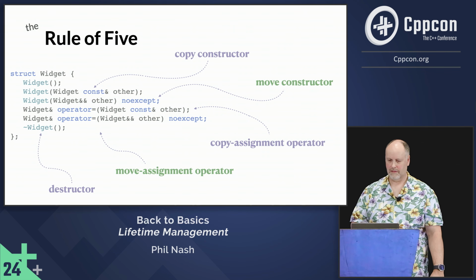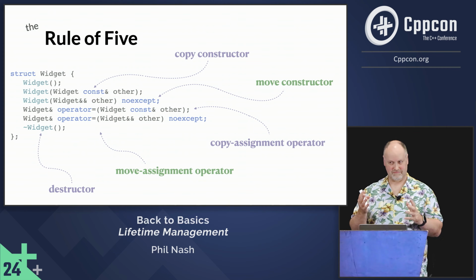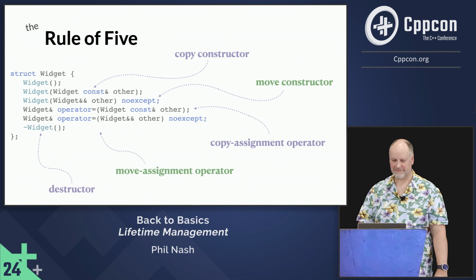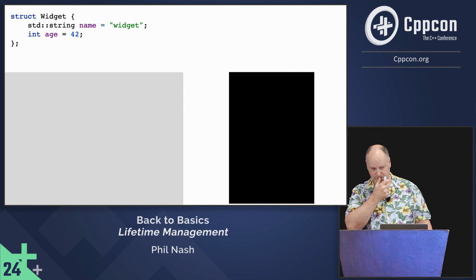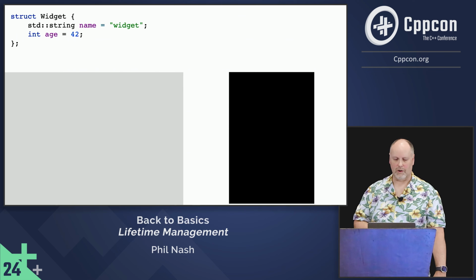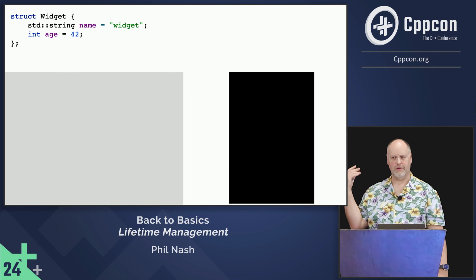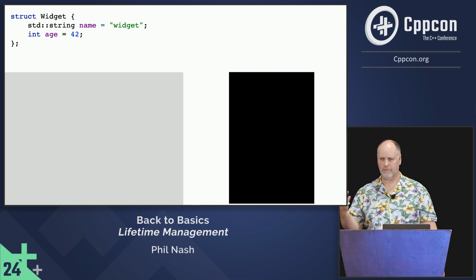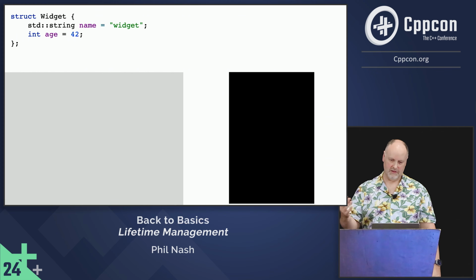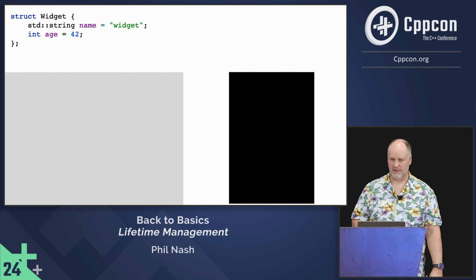But you know what? There's a better answer, and it's right in front of us. Let's simplify our widget a bit. If we just take out that pointer with the resource management, we've got simple value types now, the string and an integer.